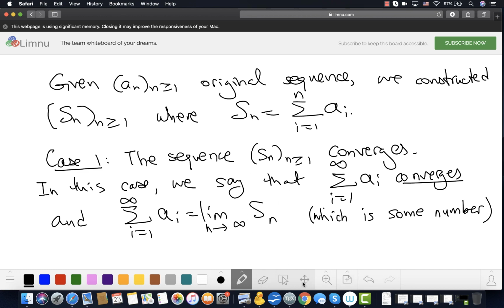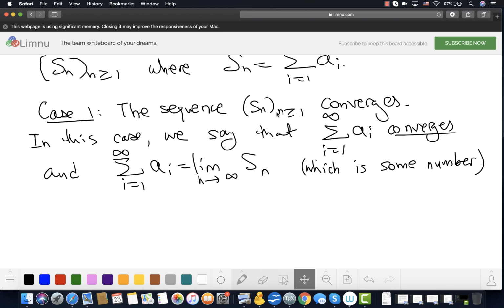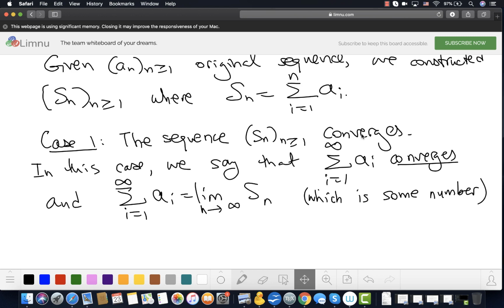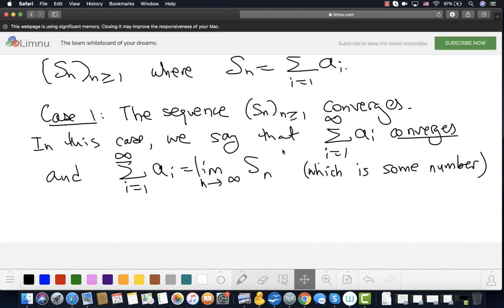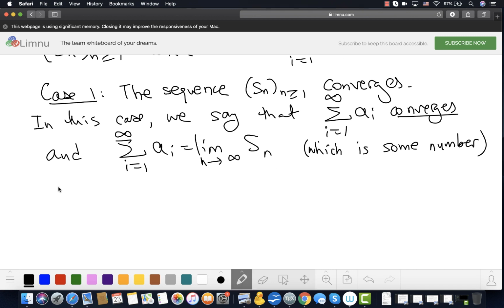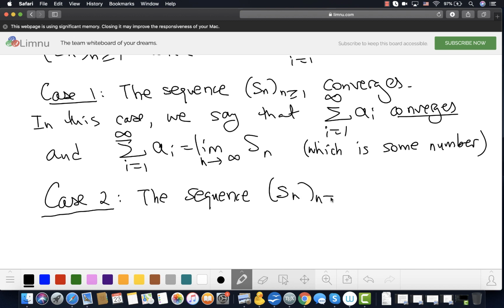And of course, as I mentioned, the sequence of partial sums, these Sn's, may not always converge. In that case, so this is case 2, we say that the infinite series diverges. So it's possible that the sequence of partial sums diverges.